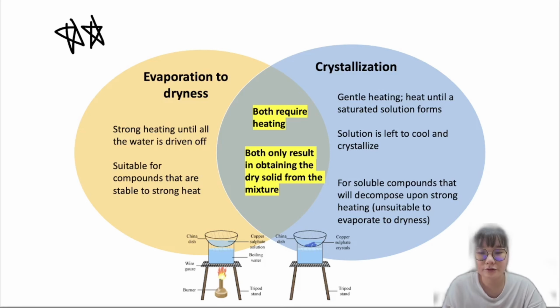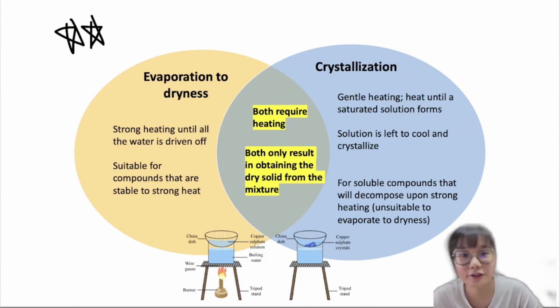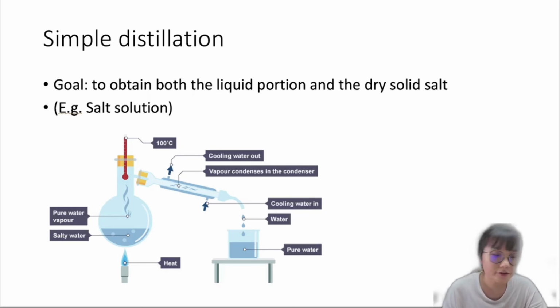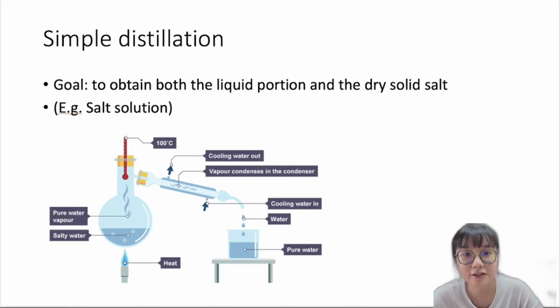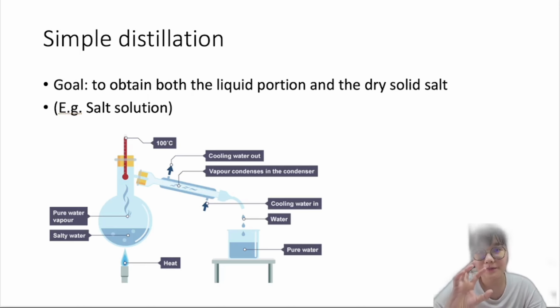Both processes will result in obtaining the dry solid from the mixture, but you won't get back the liquid portion. If you want the liquid portion, then let's do simple distillation, where you will have a more complicated setup such as this, with a Liebig condenser, and a thermometer to measure the boiling point and to make sure that it is actually fixed at that temperature.